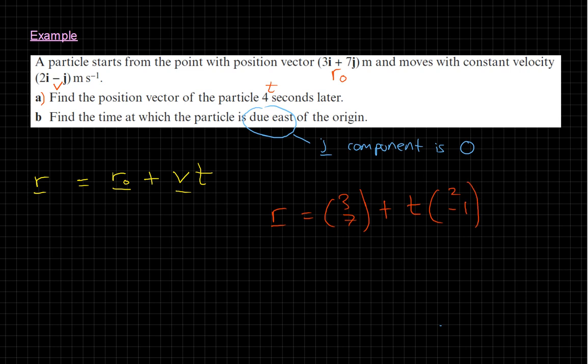Now I'm going to combine this into a single vector while keeping the t's there. So this becomes 3 plus 2t and 7 minus t.